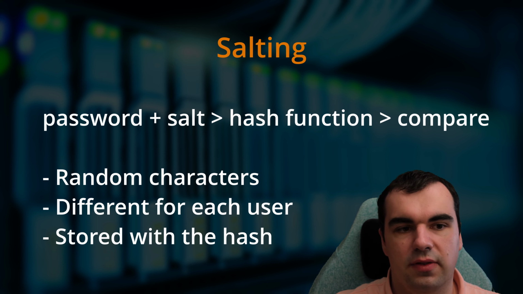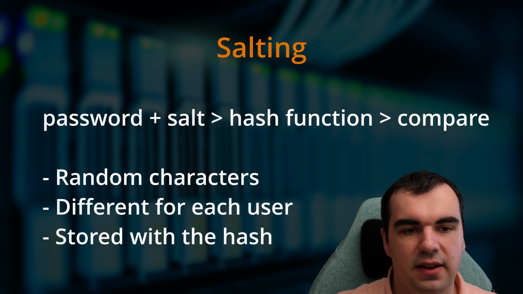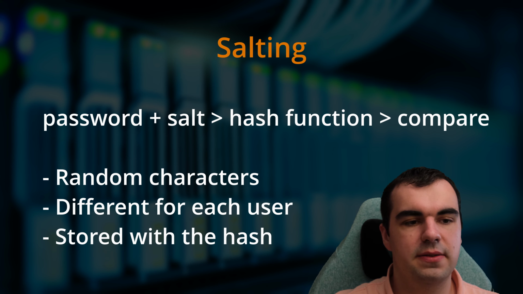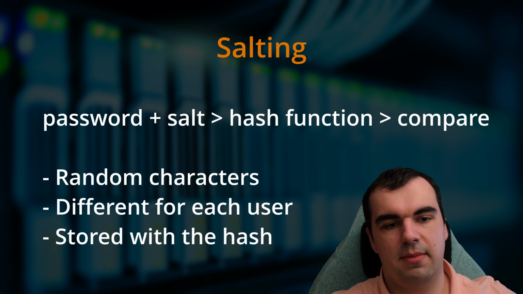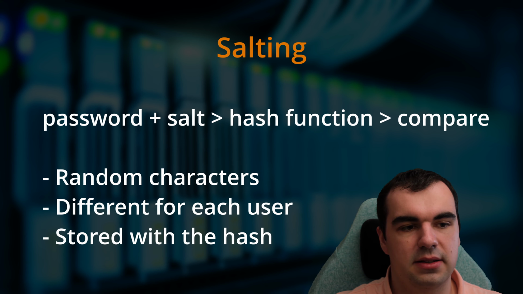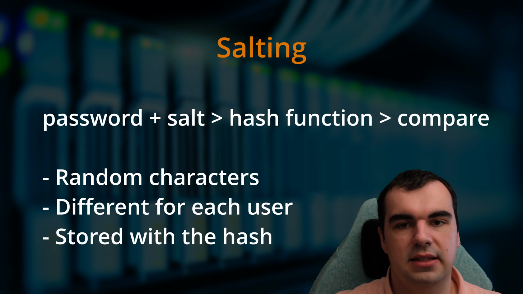Because the salt is different for every user, the input to the hash function is also different for every user. This means that even if the hacker manages to work out the password for one user, they can no longer use it for another user with the same hash. And also, if the user has used poor practice and used a common or weak password, it mitigates the effect of a dictionary attack.